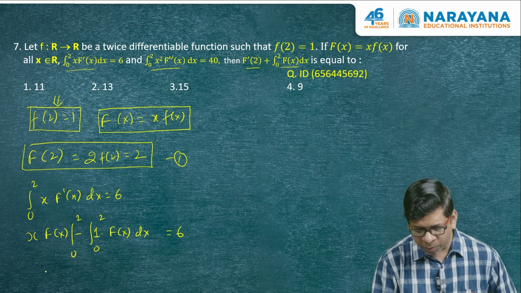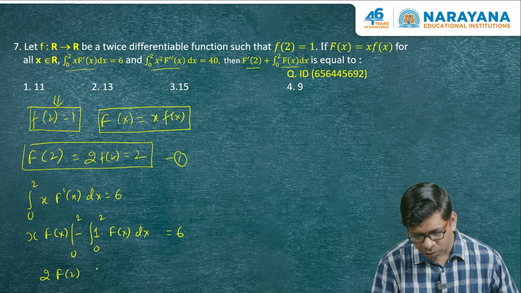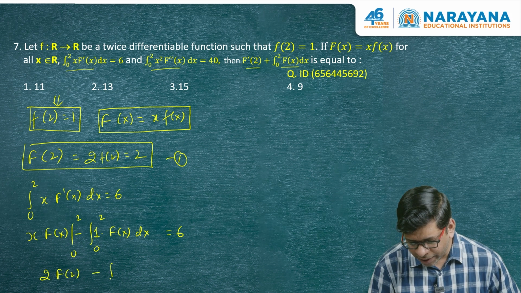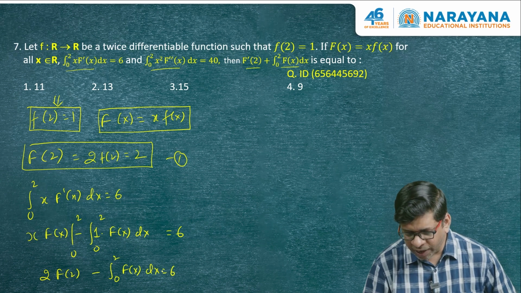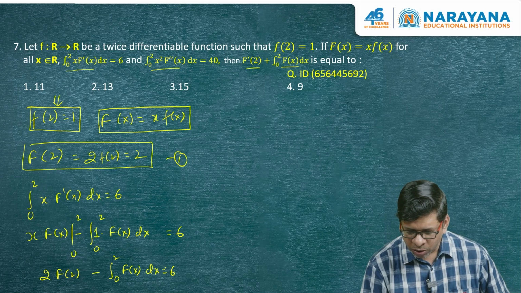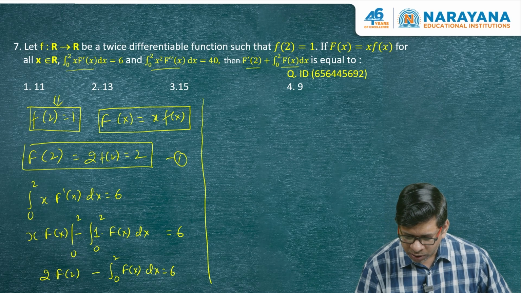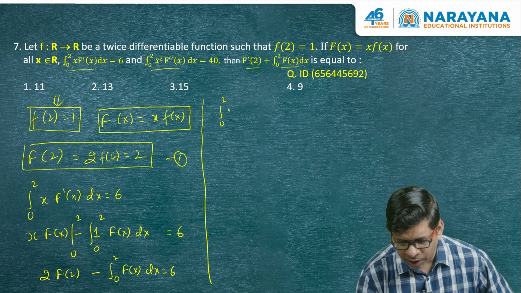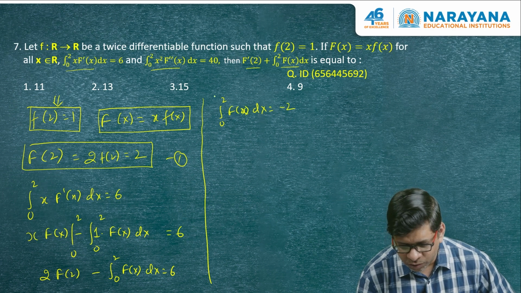We can put the value here, 2f of 2 minus 0 minus integral 0 to 2 capital F of x dx equals to 6. F of 2 is 2, 2 into 2 is 4, 4 goes there, so we'll get integral 0 to 2 capital F of x dx, which is minus 2. So this is one relation we are getting here.